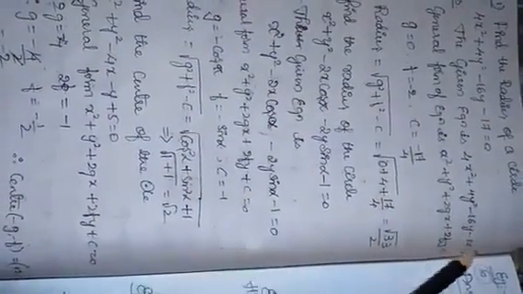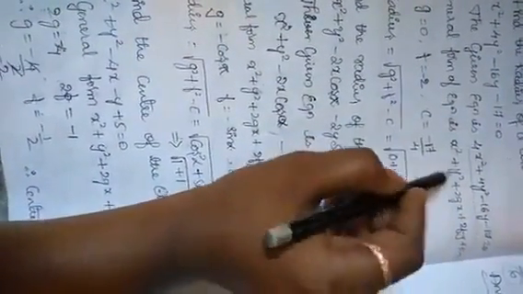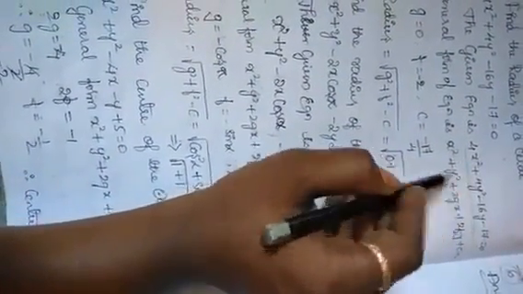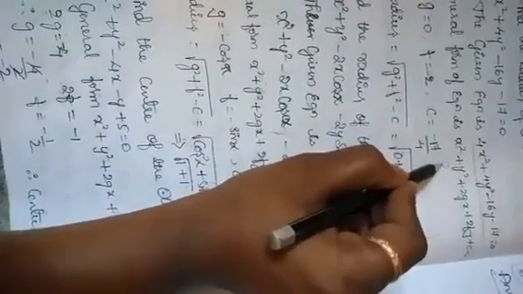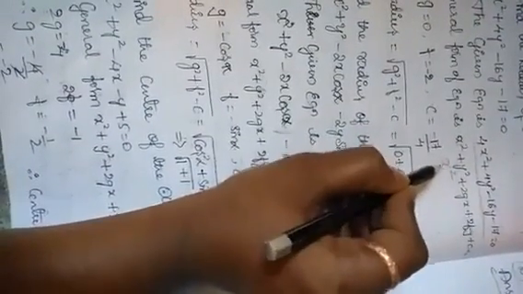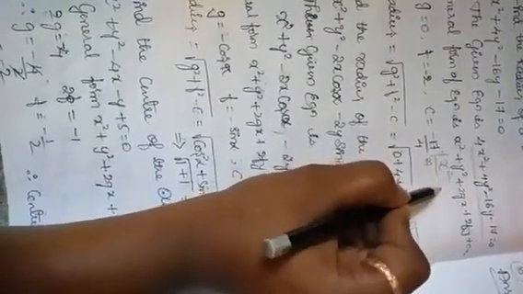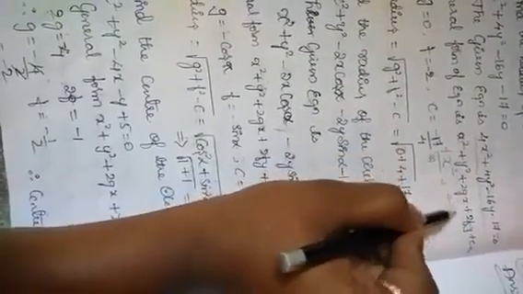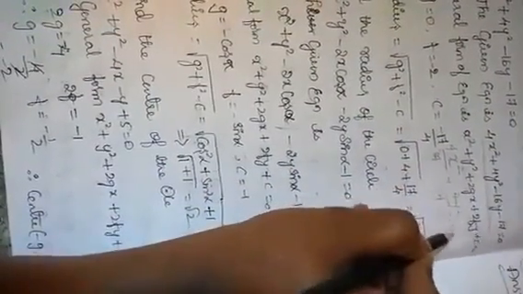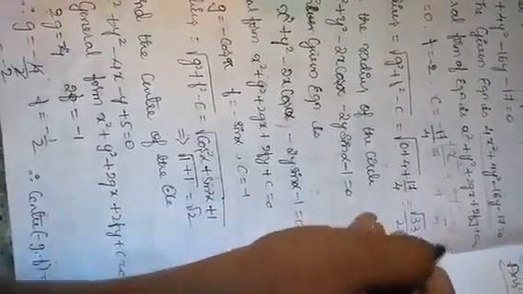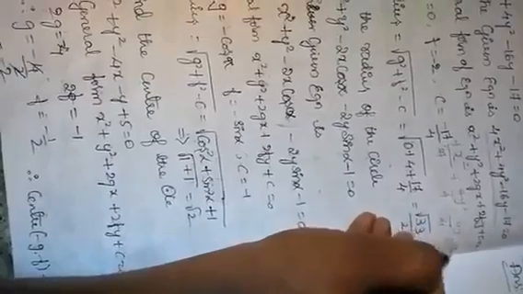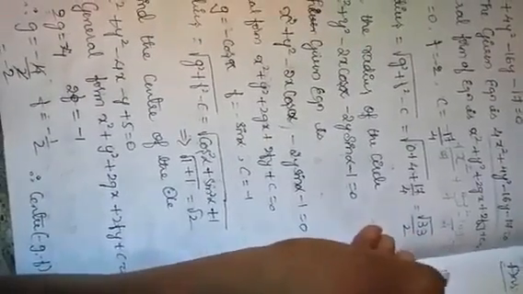17 by 4. See here, in this equation take the common 4: 4x square by 4 plus 4y square by 4 minus 16y by 4 minus 17 by 4 equals 0.